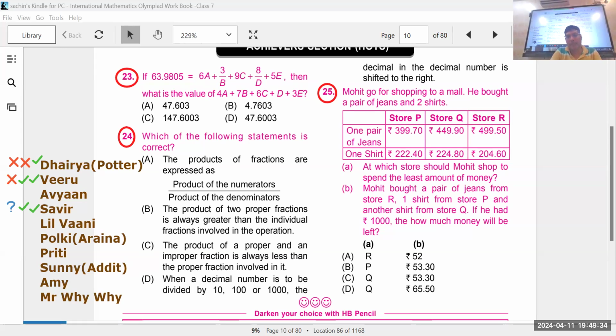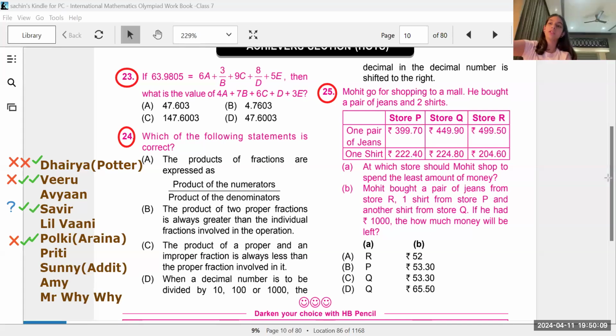So guys, hurry up. Those who have done the last two can try the 23rd one also. The 23rd one cannot be asked in your school exams, it can only be asked in Olympiad. Rilvani, Avyan, Preeti, just send me 24, 25. Don't waste time on 23rd.